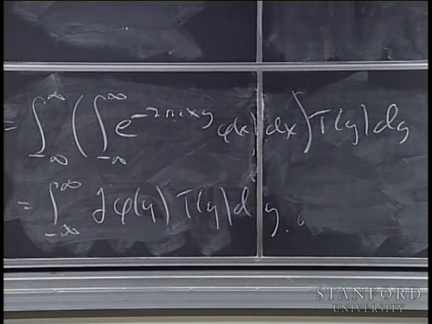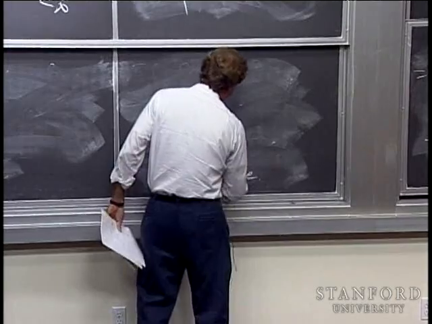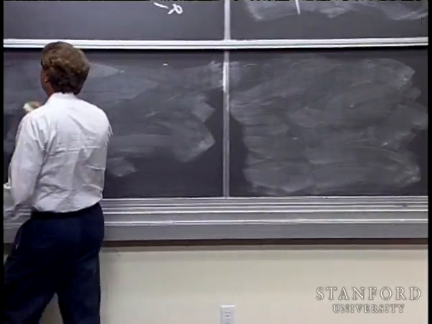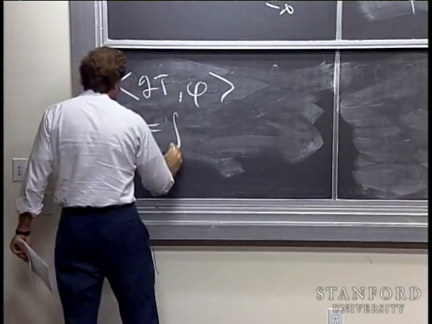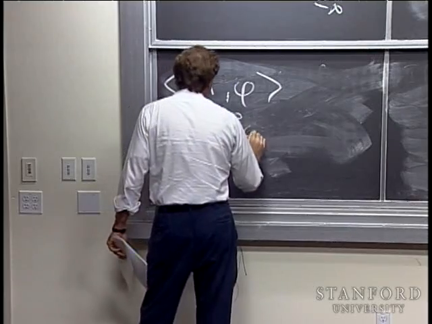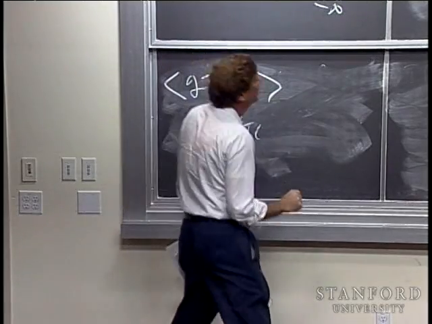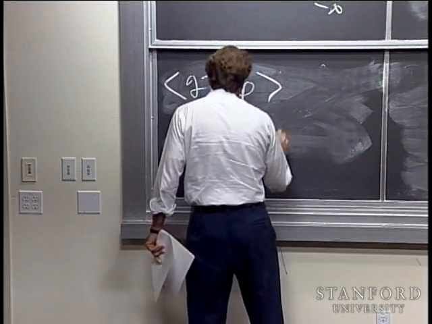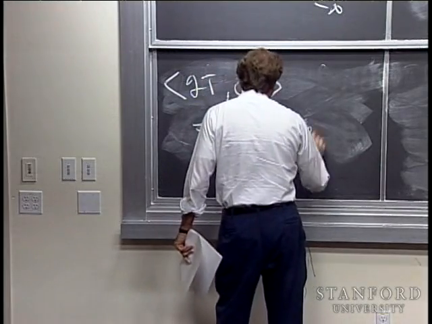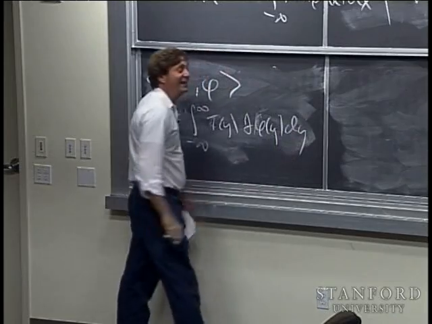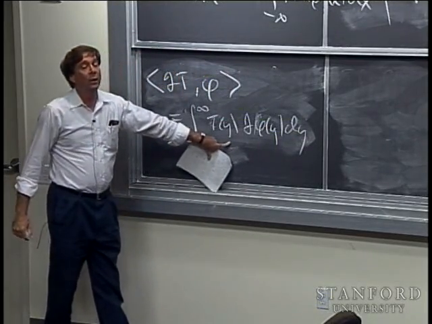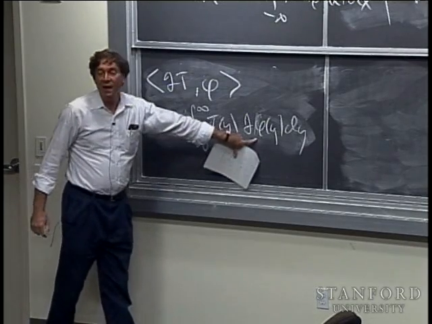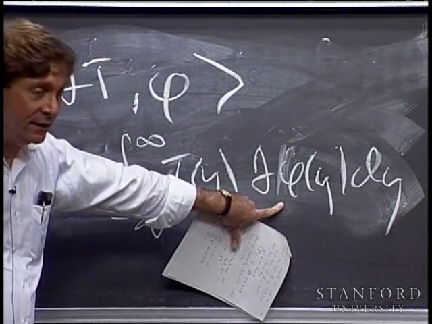We started with, supposing everything was as nice as it could be, and the pairing was given by integration, we had this expression, the Fourier transform of t paired with phi is the integral from minus infinity to infinity of t of y, the Fourier transform of phi y dy, and you have to look at this backwards in the sense that what appears here is the pairing of t and the Fourier transform of phi.